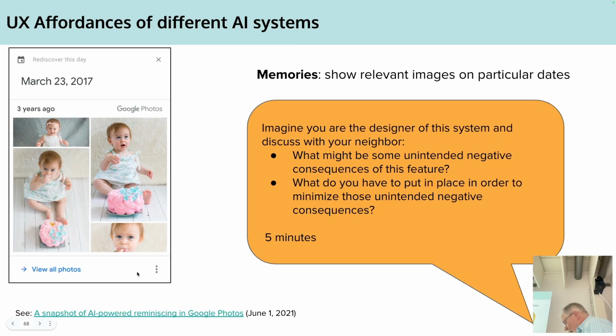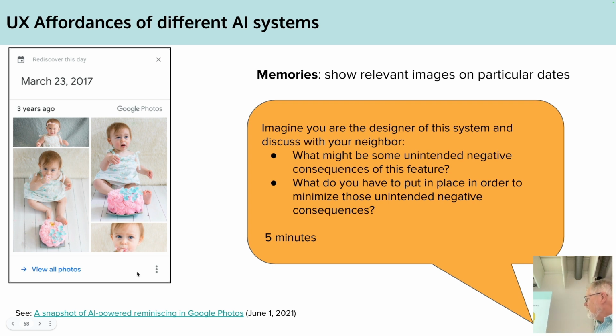And here's our last exercise for today. I want you to think about this and talk about this with your neighbor for a few minutes. Imagine that you're a designer of the system. The system is to show relevant images on a particular date. So March 23rd, this set of pictures shows up. That's cool, right? I get my dog, I get my cat, I get my kid, I get a favorite memory from a trip that I took.